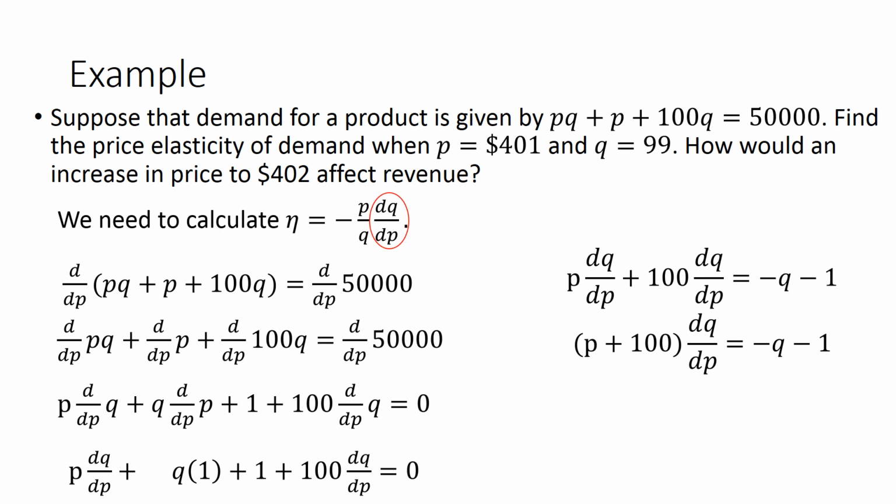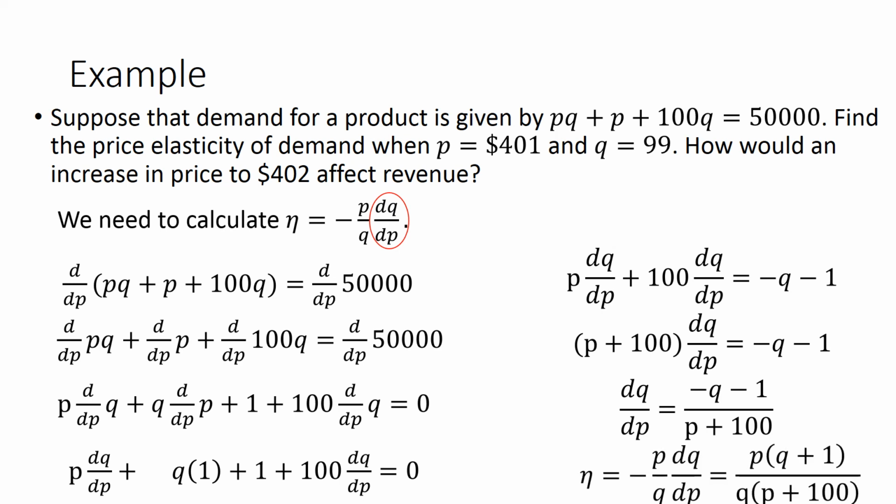And now I'm going to divide P plus 100 into both sides of the equation, find that dQ/dP is equal to negative Q minus 1 divided by the quantity P plus 100, and set eta equal to negative P over Q times dQ/dP. So that's going to get rid of the negative. It's P times Q plus 1 all over Q times P plus 100.